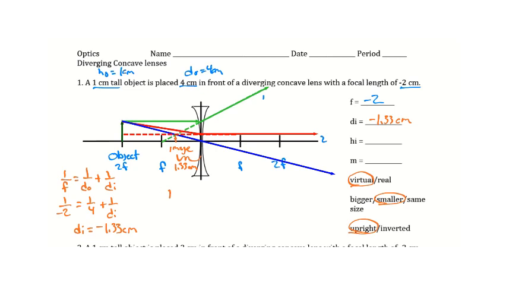So recall our magnification equation is hi over ho equals negative di over do. Either of those fractions is equal to magnification. In this case, we're actually going to use the two fractions and set them equal to each other so we can solve for image height.